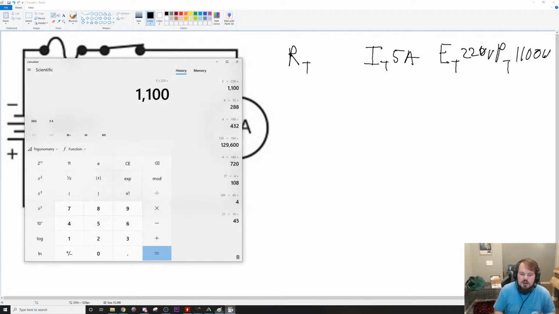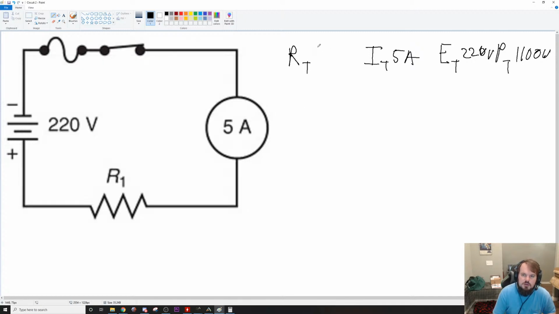And then 220 divided by 5 will give us 44 ohms. And that's got this whole circuit solved.